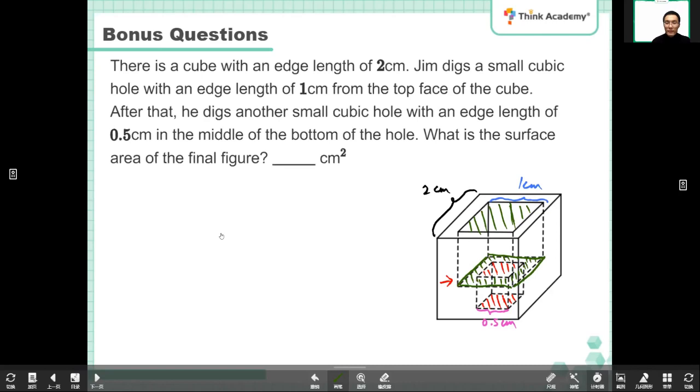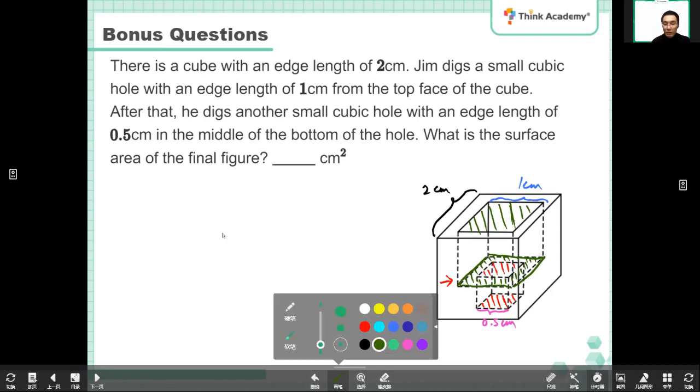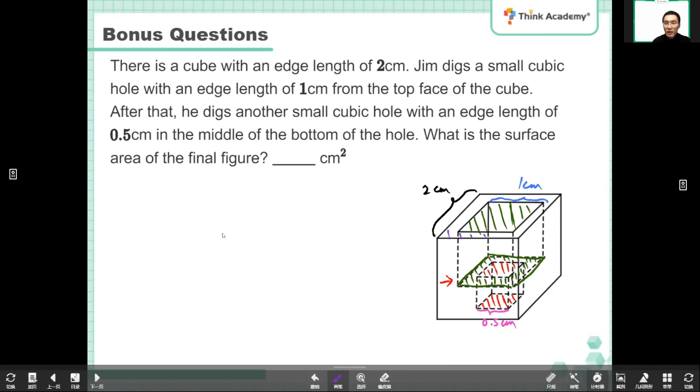And now you see, if we include the violet outskirts on top of the 2 centimeter cube, the violet face is actually the top face of the large cube on the outside.